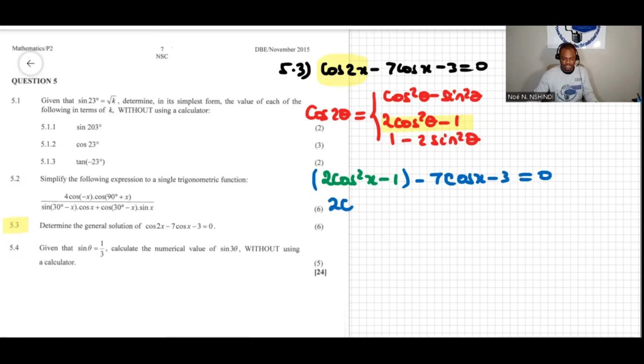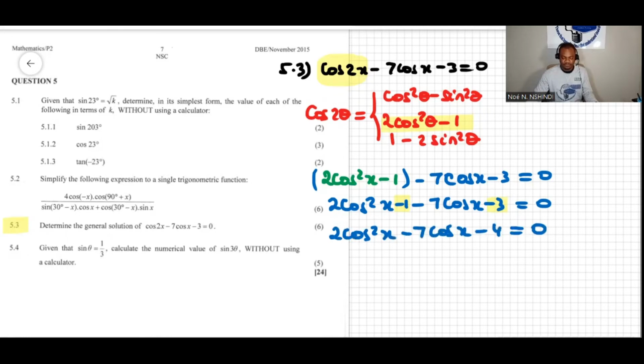So this can be written as 2 cos squared x minus 1 minus 7 cos x minus 3 equals 0. Now, is there any like term here? We can combine the constant terms, -1 and -3. So all this will make 2 cos squared x minus 7 cos x minus 4 equal to 0.